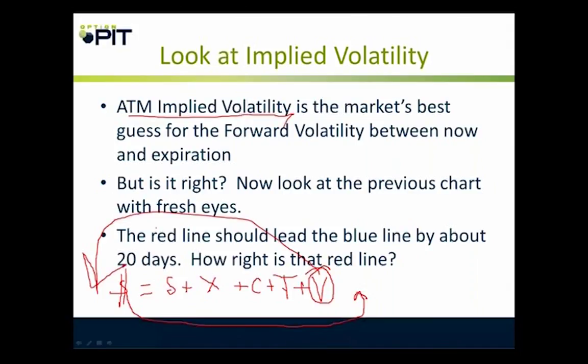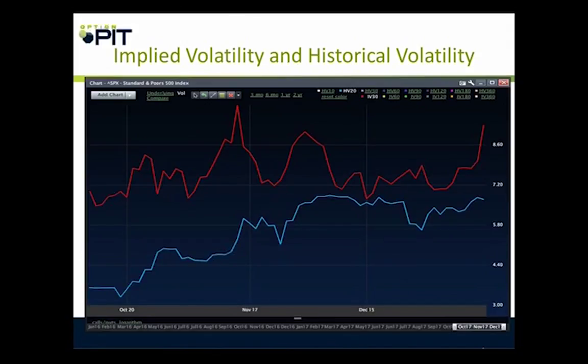So is at the money volatility right though? I want to show you something. This is a chart of the S&P from, call it, January 18th. Here's implied vol.